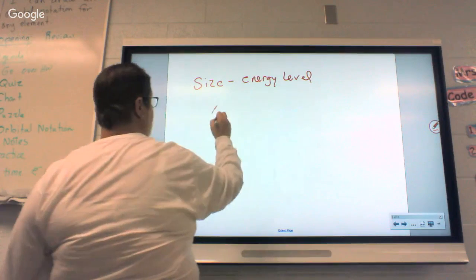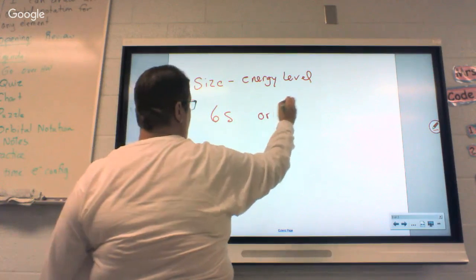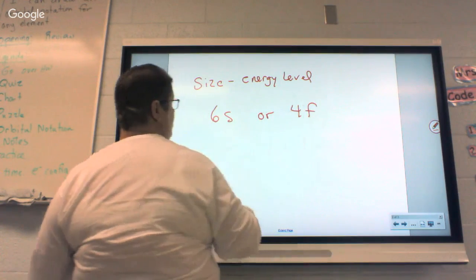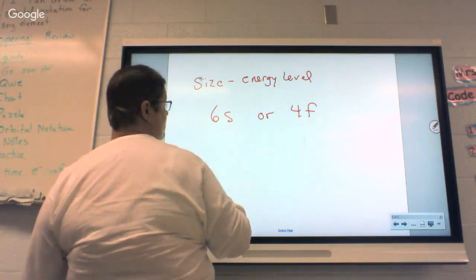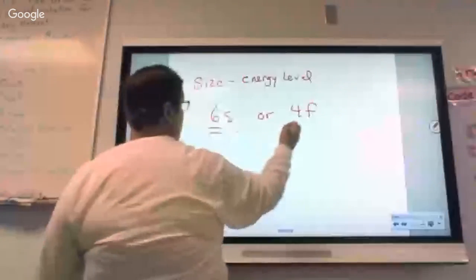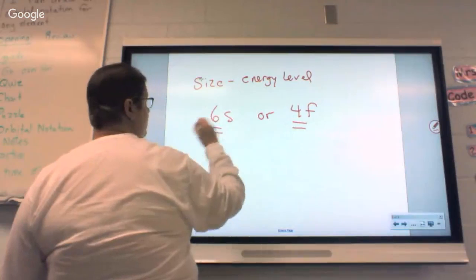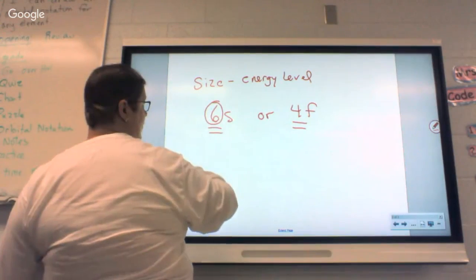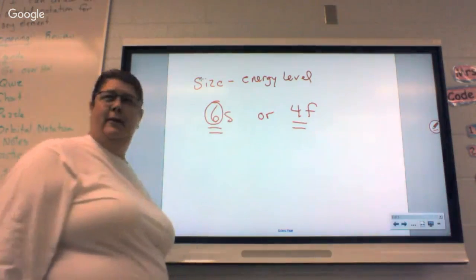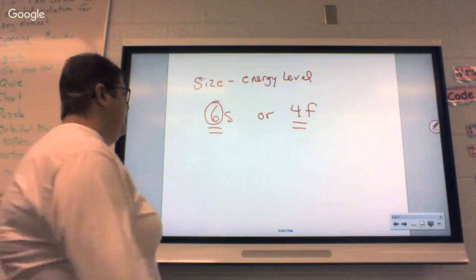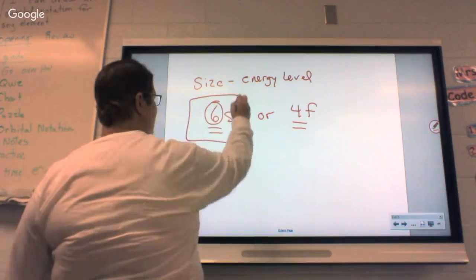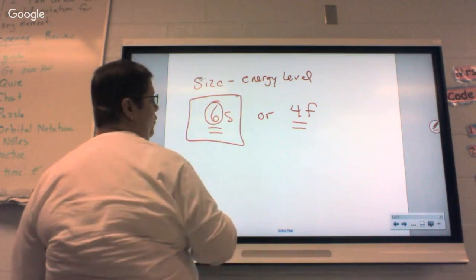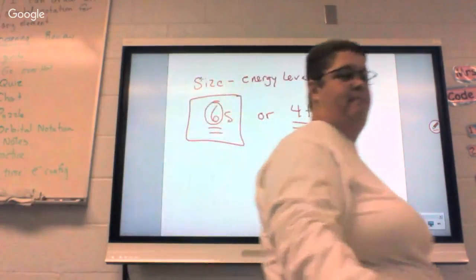So when you look at 6F or 4F, what tells the energy level? The 6 or the F? Yeah. So which one's bigger? 6 is bigger, right? Really? The 4 is bigger? Where'd y'all get math at? All right, so the 6F is going to be bigger than the 4F. Okay?